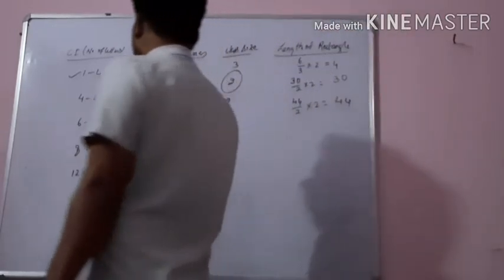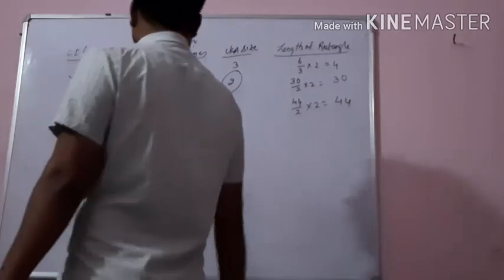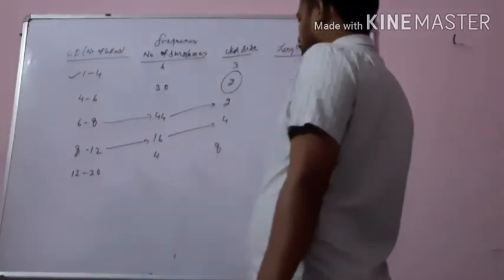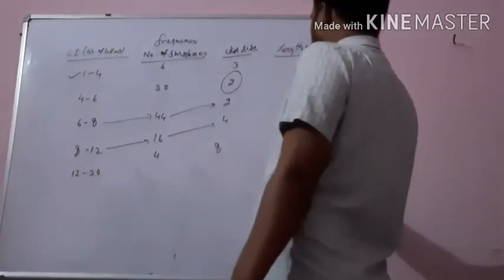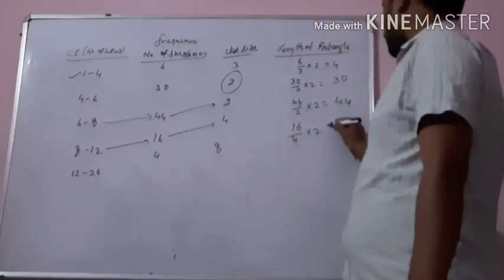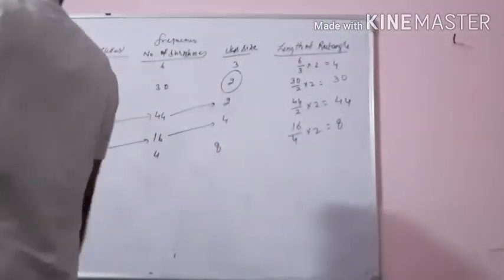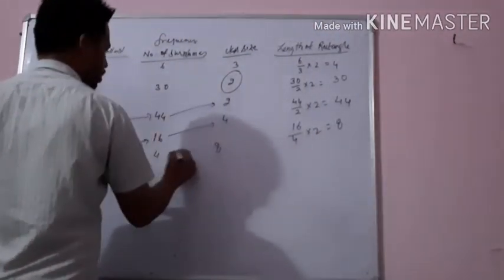And for 8 to 12, the frequency is 16, class size is 4, 16 upon 4 multiplied by 2 gives 8.